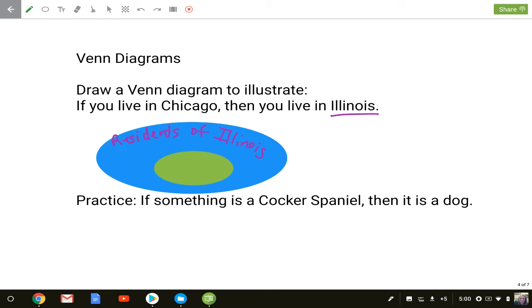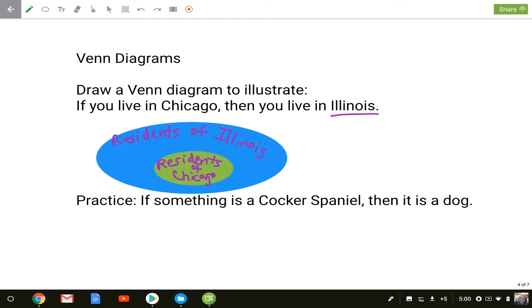The smaller set would be the residents of Chicago. I'm going to have to write small to fit that. And that goes inside the inner circle, because residents of Chicago are part of the larger set, residents of Illinois. So it's a picture to illustrate what our conditional is saying.